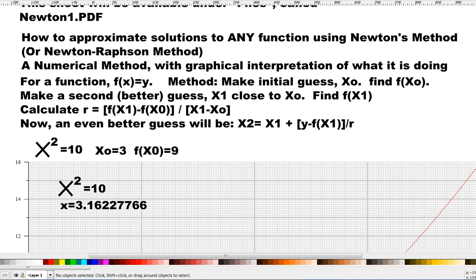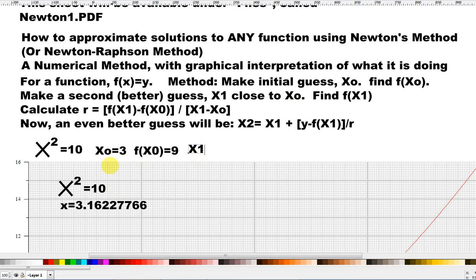Here, I'll just edit this little line right here. And we call our better guess x1. So make a second guess, which is a better guess, x1. You want to make x1 kind of close to the original guess of 3, but hopefully a little bit better.